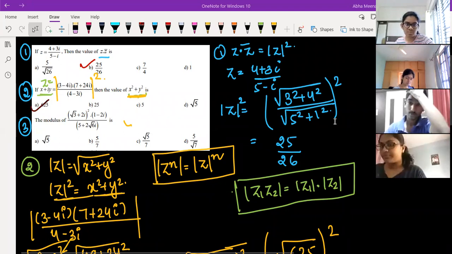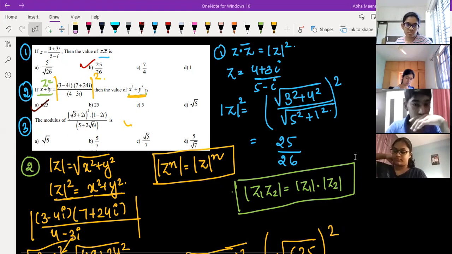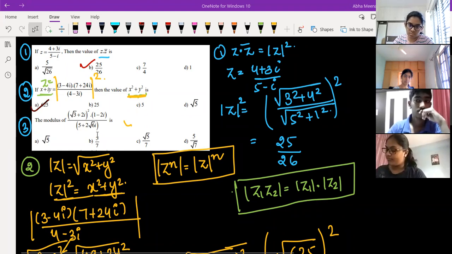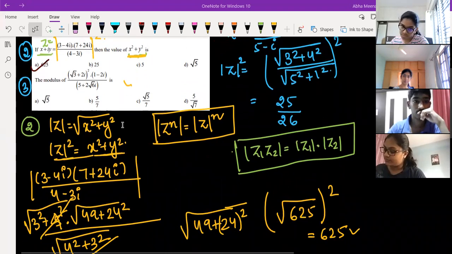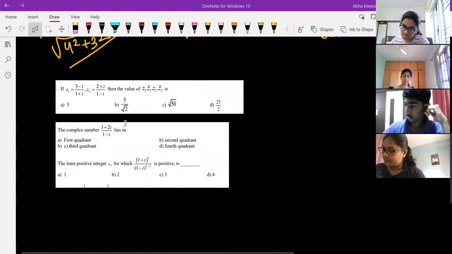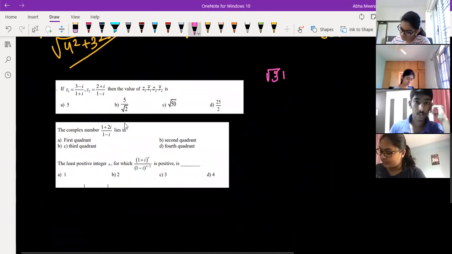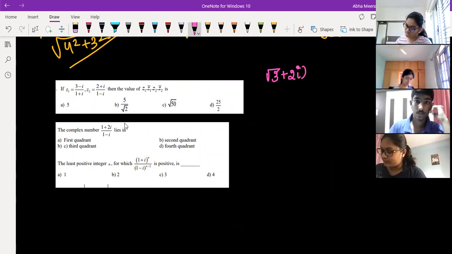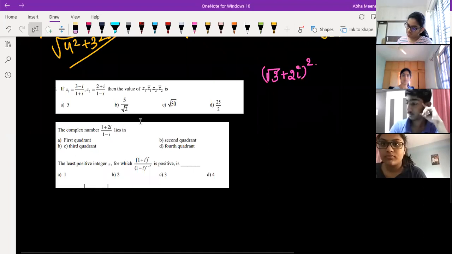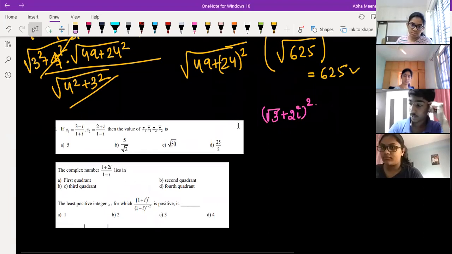Aditya, what happened to you, beta? Unable to do the question? Tell me, how are you doing? First of all, what is the number we need to find the modulus of? Root 3 plus 2i whole square. And what was the other number? 1 minus 2i.